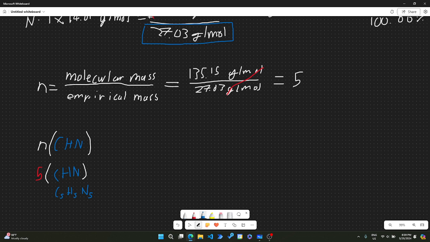So does anyone recognize what that is? Well, for those of us who are biology nerds, we will recognize it as adenine, which is one of the bases in DNA. So this right here is adenine.